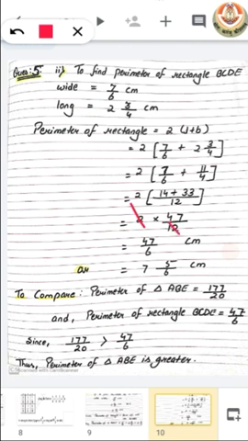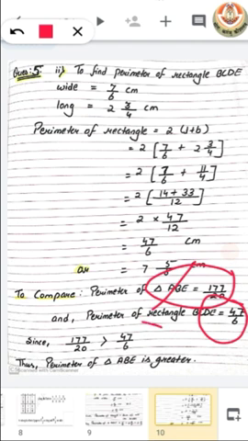We solve this and we get 47 by 6. Now it is an improper fraction, so we can convert it into a mixed fraction. Now we know both the perimeters, the perimeter of the rectangle and the perimeter of the triangle.